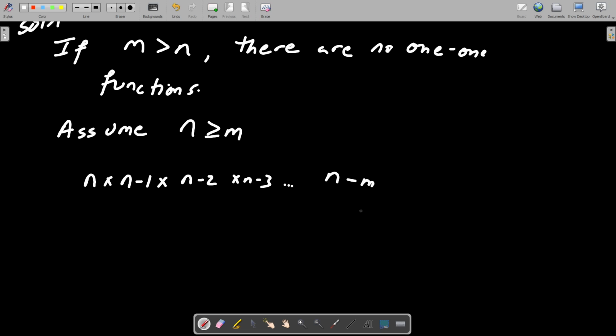It will not go up till 1 factorial, 2 factorial. Wait. Sorry, it has to be plus 1. We started with n minus 0, so n elements have to be counted.